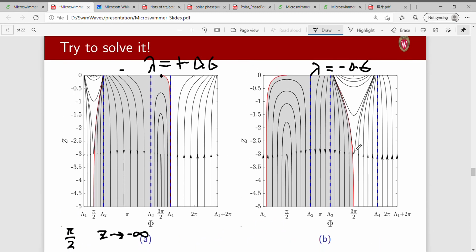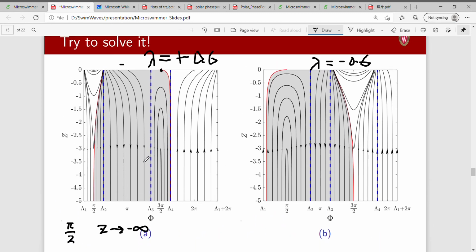Yeah, and because these trajectories are symmetric with respect to pi over 2 and 3 pi over 2, it's natural to guess at the beginning that this separatrix curve will go through a point that has phi equals pi over 2 and z equals minus infinity, because it's symmetric, right?